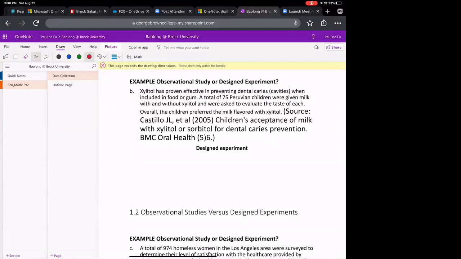So this is the designed experiment because the researcher divided the children into two groups on purpose. One group has the milk with Xylitol, the other group without, okay?